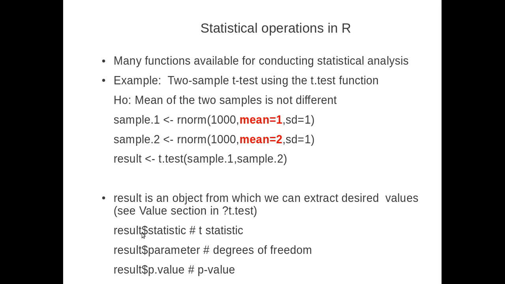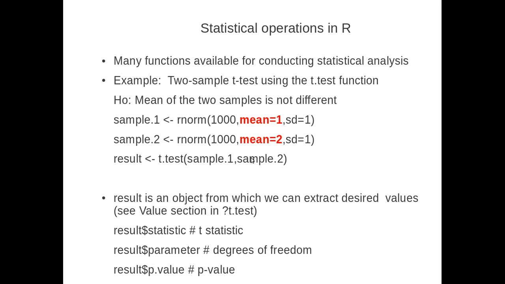This dollar symbol I've shown you before. It's our shorthand for accessing a named component of some variable. So in any event, you don't need to know any more than that. This is how you go about extracting the individual values from the result.